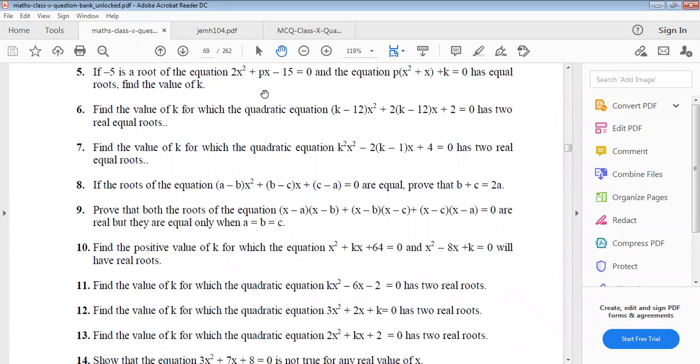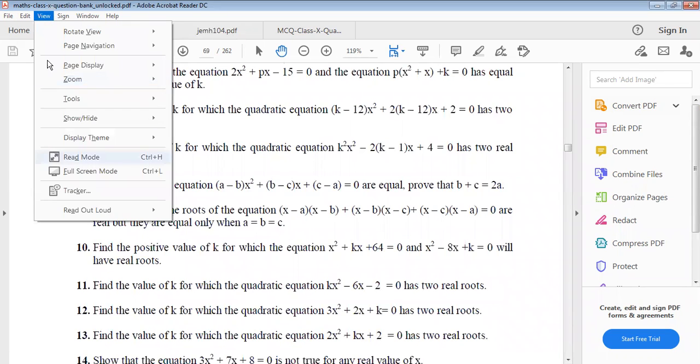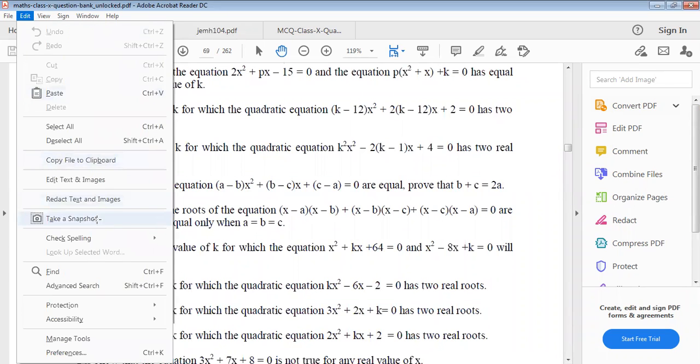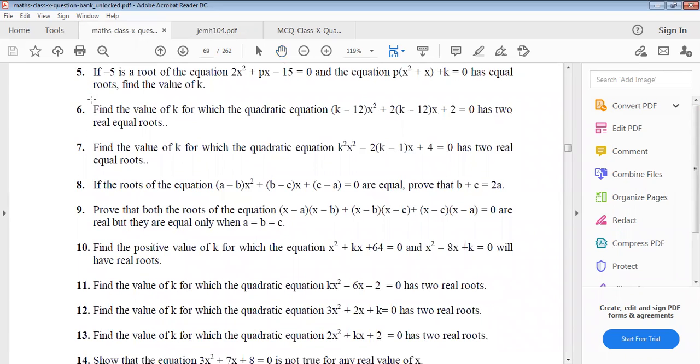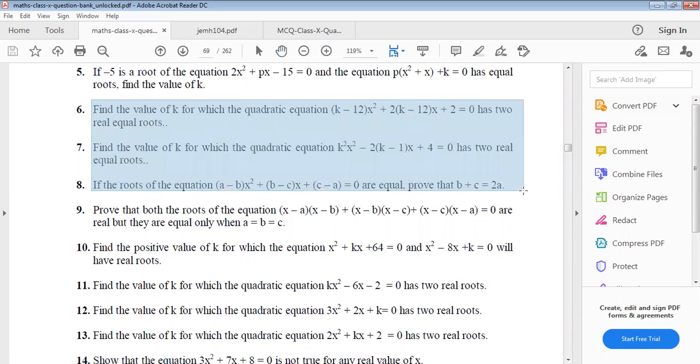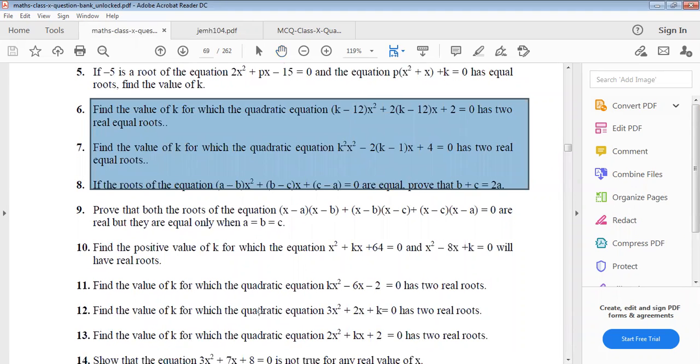Now we'll go for this one. So far we have done that model. Now we'll go for this model. Selectively, some questions will be taken: the 1st, 6th, 8th, and additional questions.